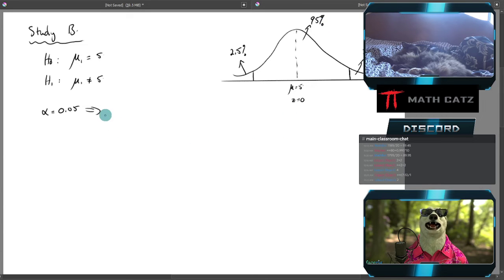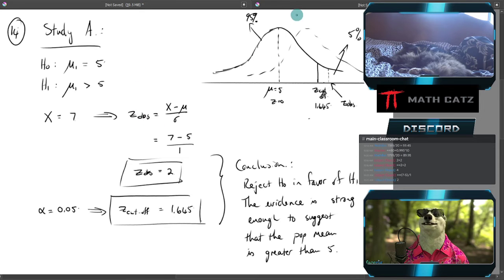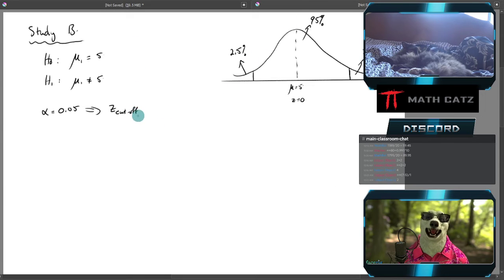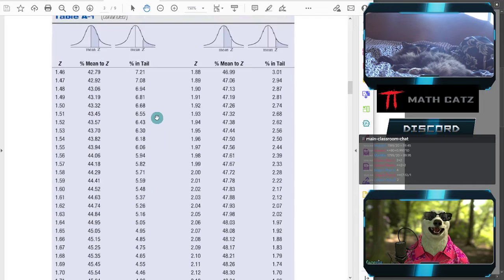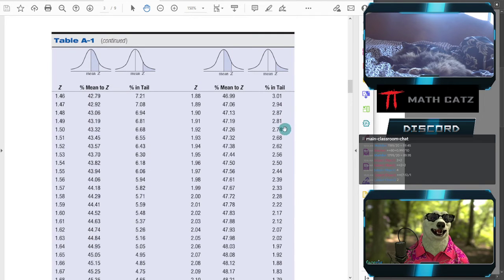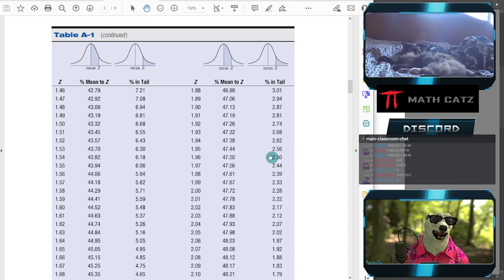So now I'm going to find the cutoff z-score first, swapping things around a little from what we did previously. We look up the z-score that gives us 2.5% in the tail, because it's a two-tailed test this time. Going to my table, I'm looking for 2.5% in the tail. Oh, this time I got it exactly in the table.